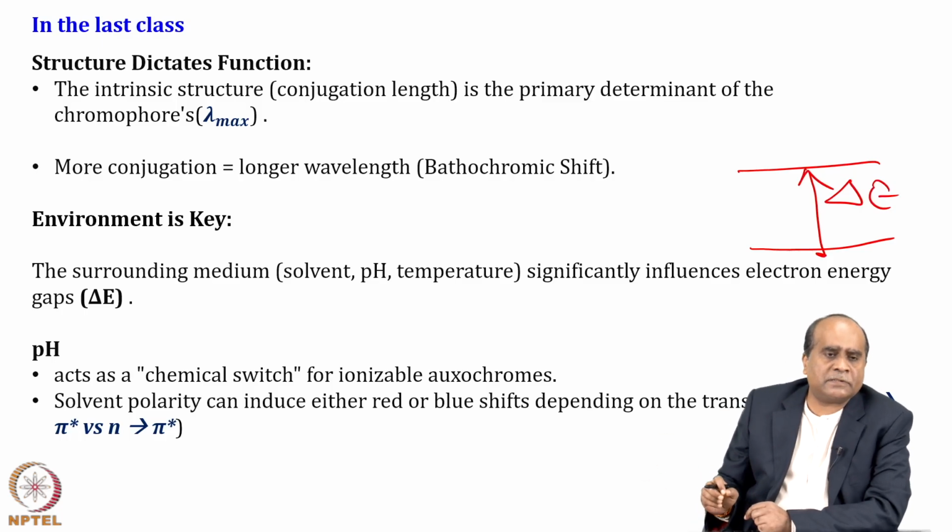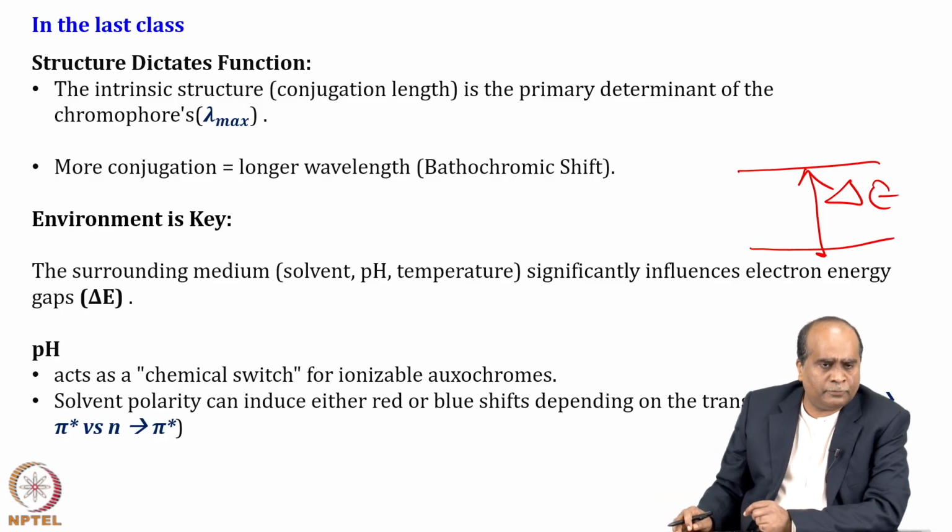Other than that, we saw an example of how pH can act as a chemical shift for any ionizable auxochromophore.